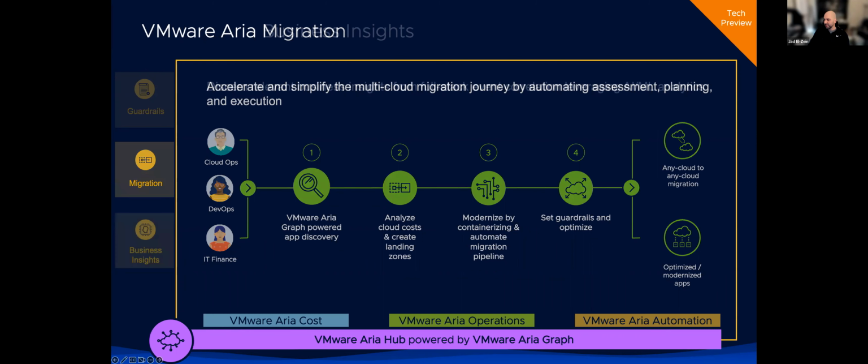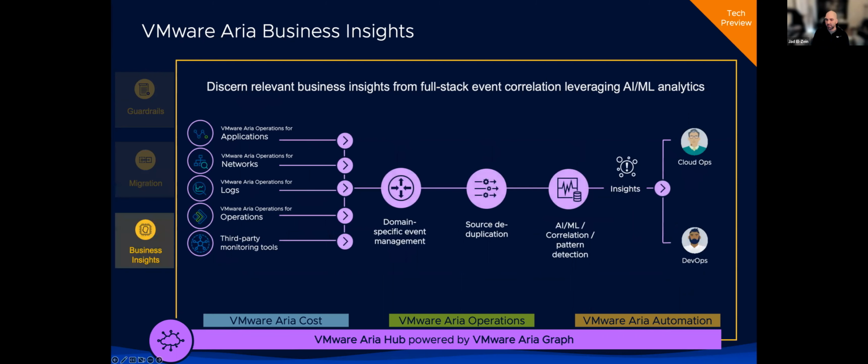All right, now lastly, on what's possible, we introduced at VMware Explore VMware Aria Business Insights. Now, in the same way I'm federating metrics and data across all of these environments and giving you consolidated and consistent views, we also have this whole other thing of events and logs and alerts.